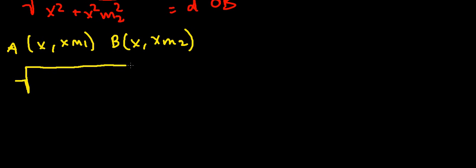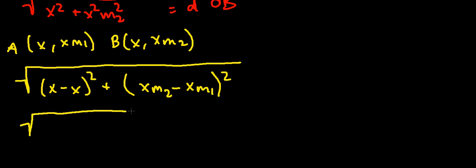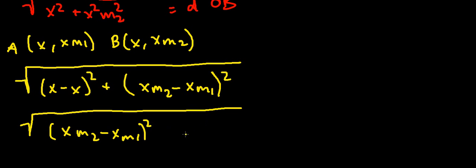So let's do the distance formula. x2 is x, x1 is x, which is nice, so that difference is zero. Then we get xM2 minus xM1 squared, which gives us the square root of (xM2 minus xM1) squared. And we're going to have to FOIL this out, so we might as well do it now.